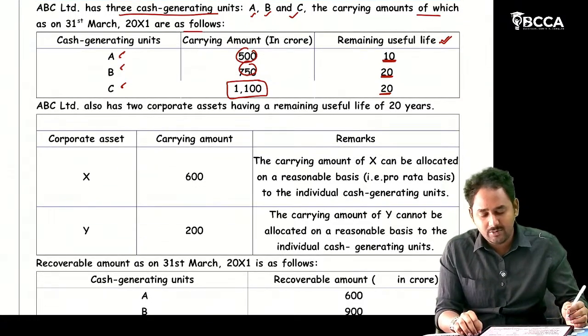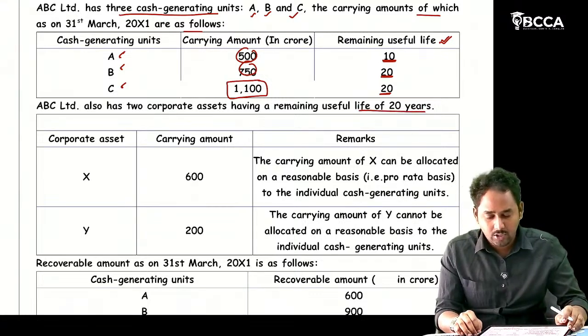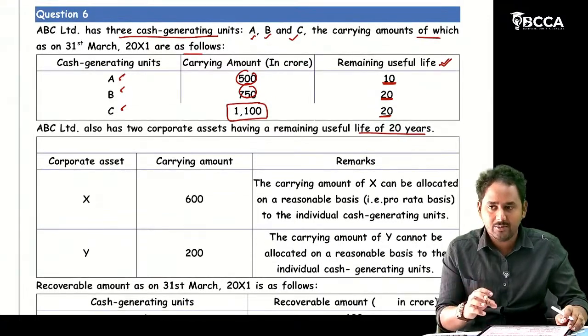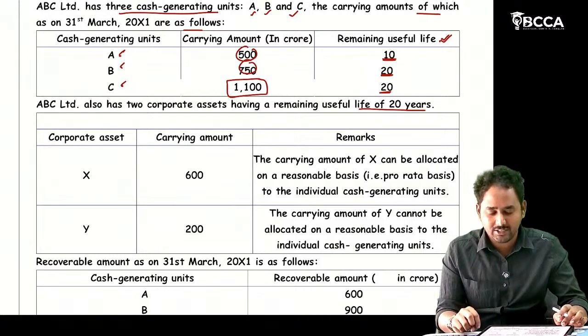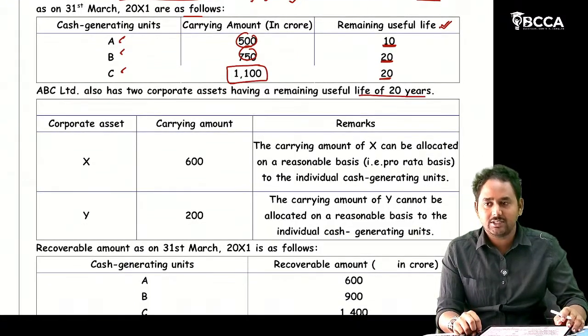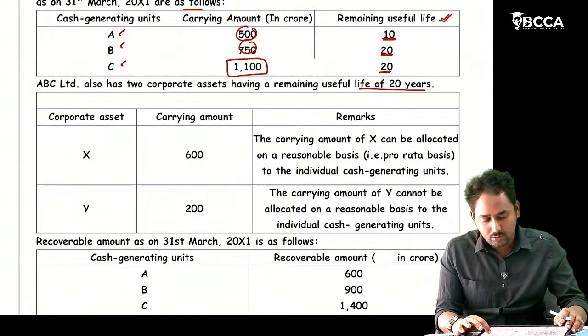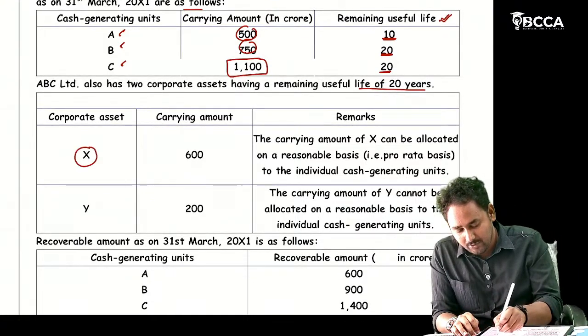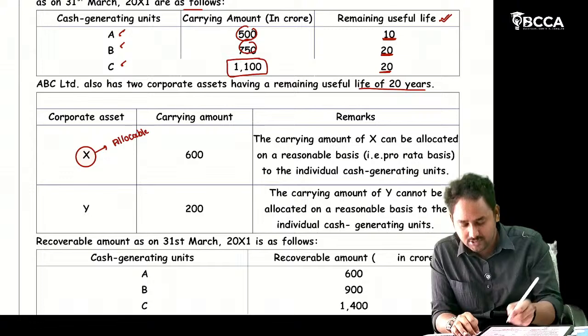ABC Limited has two corporate assets having remaining useful life of 20 years. So in ABC Limited, there are 3 CGUs and two corporate assets. Corporate assets are divided into two types, allocable and non-allocable. Corporate asset X is an allocable corporate asset.